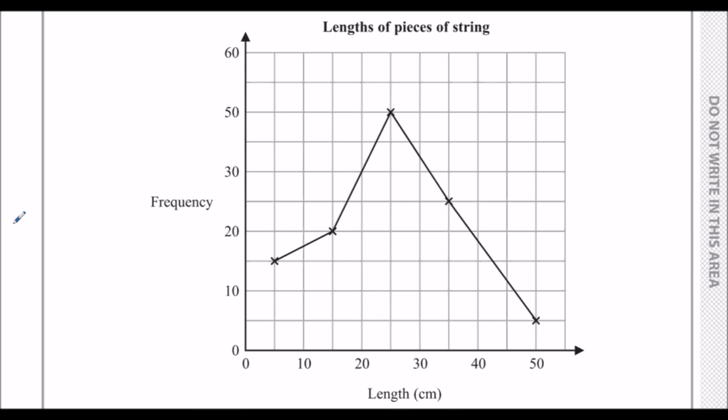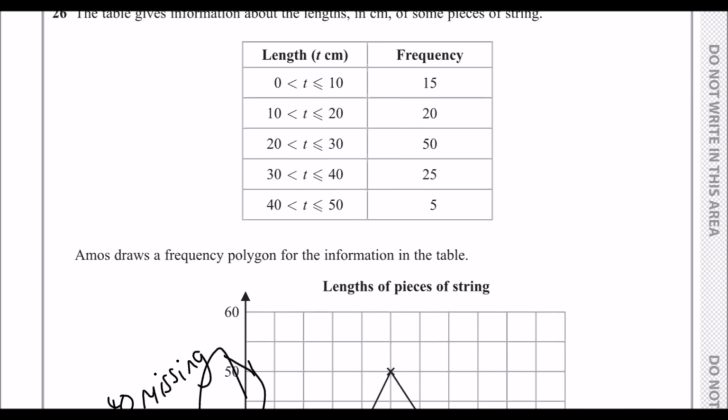So whenever we have a question like this, always look at the scales. And you can see here that 40 is missing. So it goes from 30 to 50, 10, 20, 30, 50, 60. So 40 is missing.